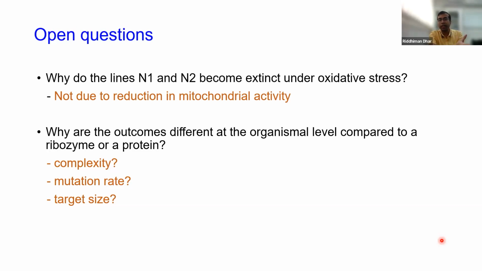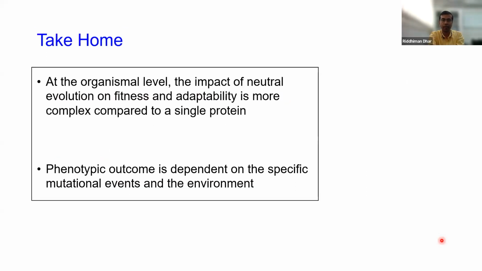In addition, the target size is much larger. We have the whole genome for the mutations to take place, whereas those earlier studies were focusing on one gene, and the target is just one gene or one ribozyme only. We still need to explore this a bit more, but these are a few directions we can take.